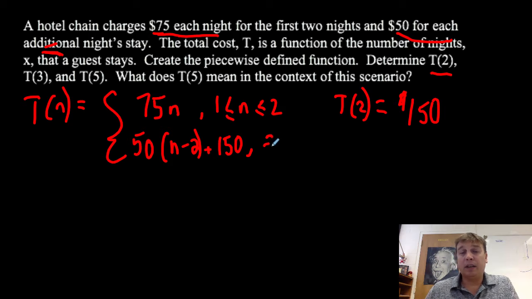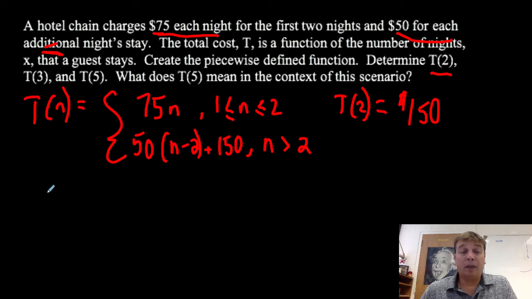What has to happen for this particular example is that n must be strictly greater than 2. It's a discrete function as opposed to a continuous function, but we're going to leave it in this sense.